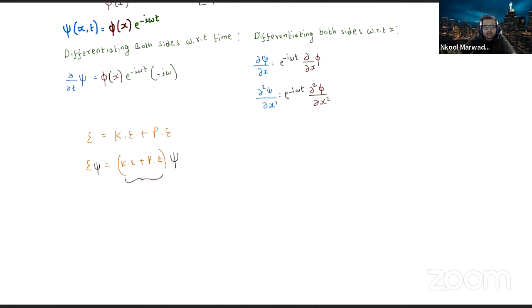And this H cap is a special operator which is called the Hamiltonian operator.